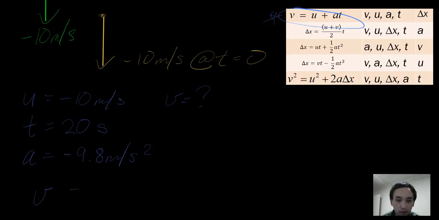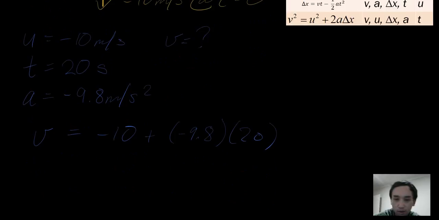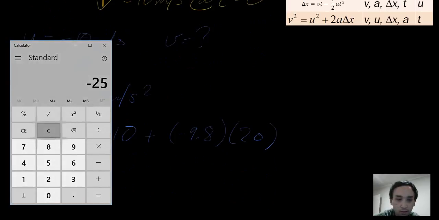So v is equal to negative 10 plus at. a is negative 9.8, t is 20. Chucking all those numbers into a calculator, what does that give us?